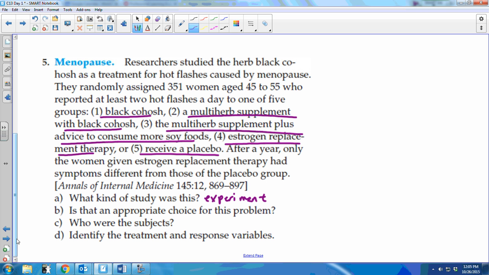Who were the subjects? Yeah, the 351 women between 45 and 55 who reported at least 2 hot flashes a day. And then identify the treatment and response variables. So how many treatments are there?